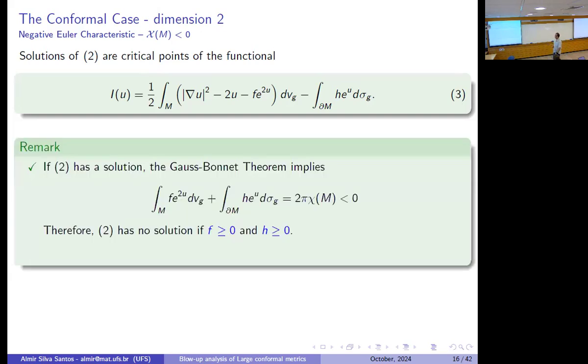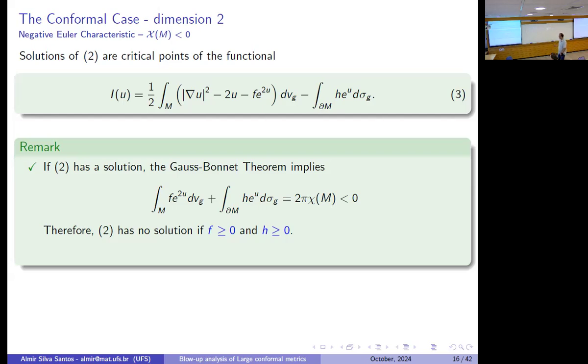And as I said, if there is some solution, then this solution satisfies this condition because of the Gauss-Bonnet theorem. And you can see that in this case, in our setting, if the functions f and h are non-negative, then you cannot solve this problem, because this sum will be non-negative, but the Euler characteristic is negative, right?